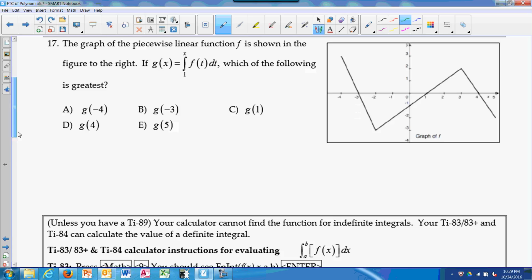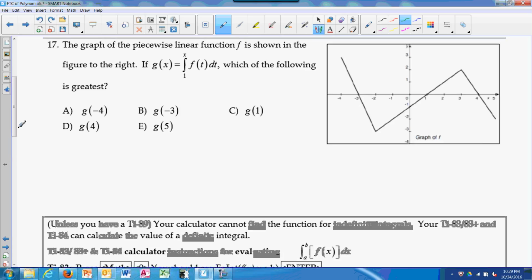Okay, so for this next part, it says to determine which of these is the greatest. Notice my starting point is at 1. So this is my starting point for all of these. I'm just going to figure out some areas from the graph here. If I were going from 1 to 1, doesn't really matter what graph I have. I have no base, so 0 base means 0.